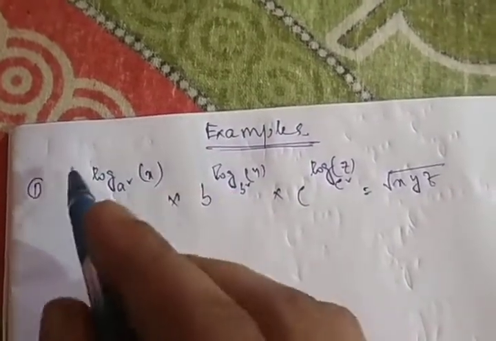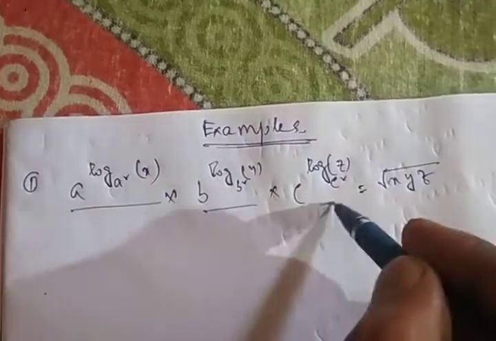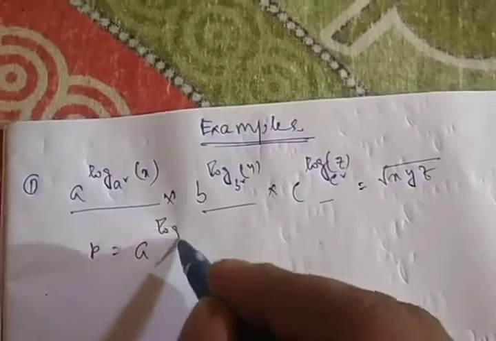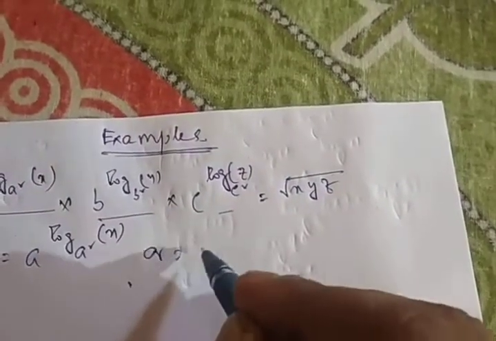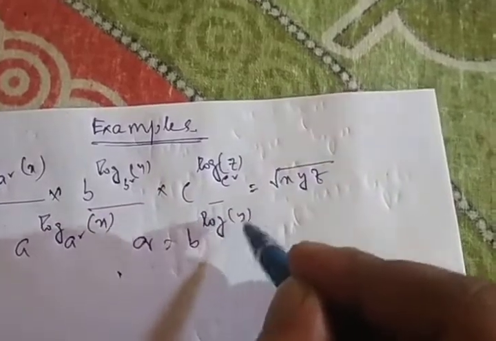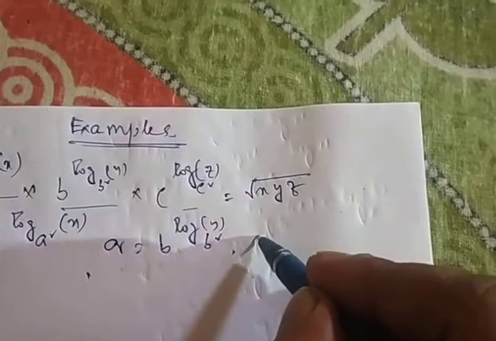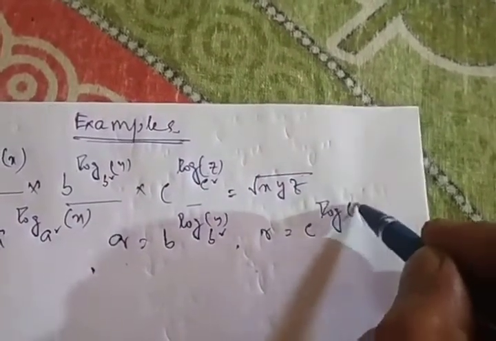So first we take this term. Let us simplify by letting p equals a to the power log of x with base a square, q equals b to the power log y with base b square, r equals c to the power log of z with base c square.